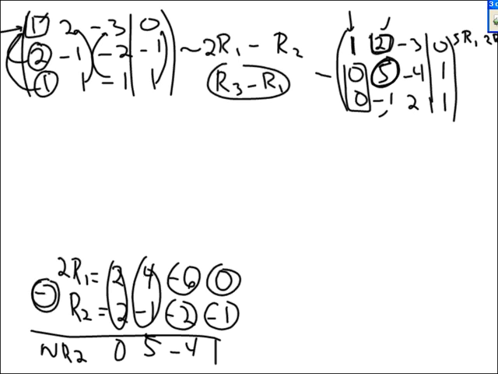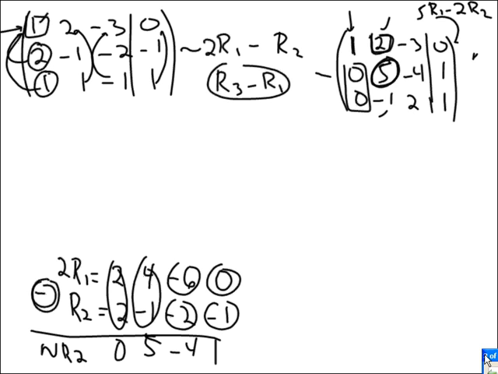That will put a 10 here. If they're both 10s, I'll subtract. Let me write that a little bit better. Five times row 1 minus 2 times row 2.